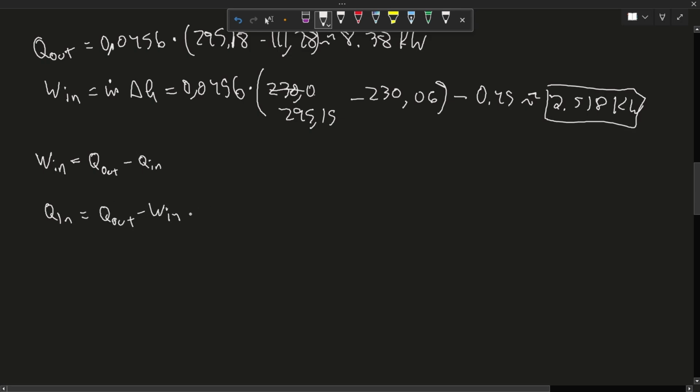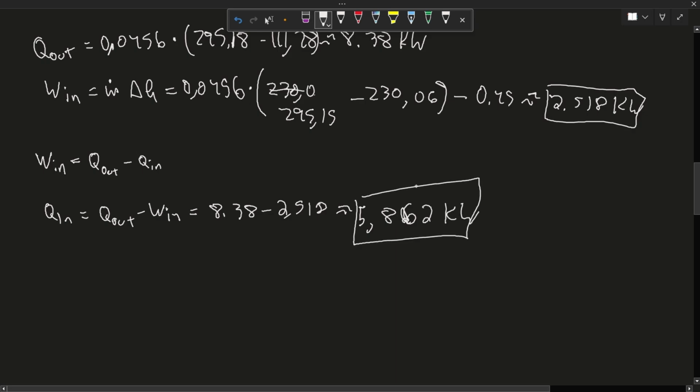This is just basic algebra. 8.38 minus 2.518 is going to give you a value of about 5.862 kilowatts. Finally, you find the COP, Q in divided by W in, equal to 5.862 divided by 2.518, giving us a COP of about 2.32.